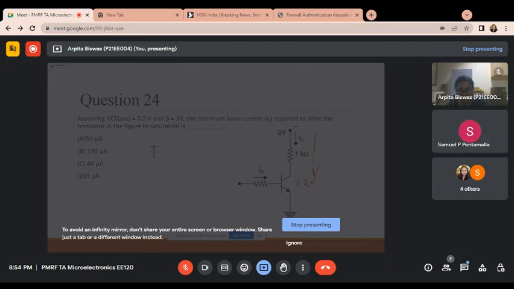IB equal to 140. IC by 50. Okay. Then what is the value of IC? 2.8 I think, by 50.